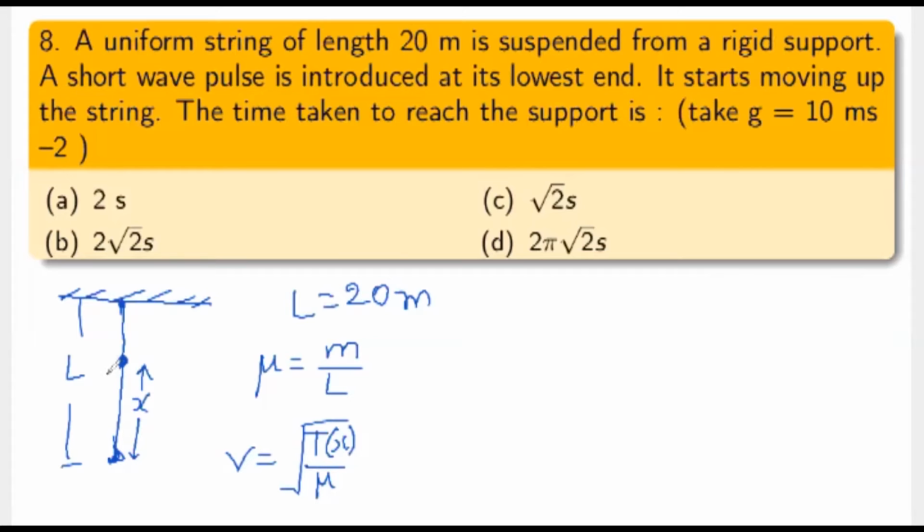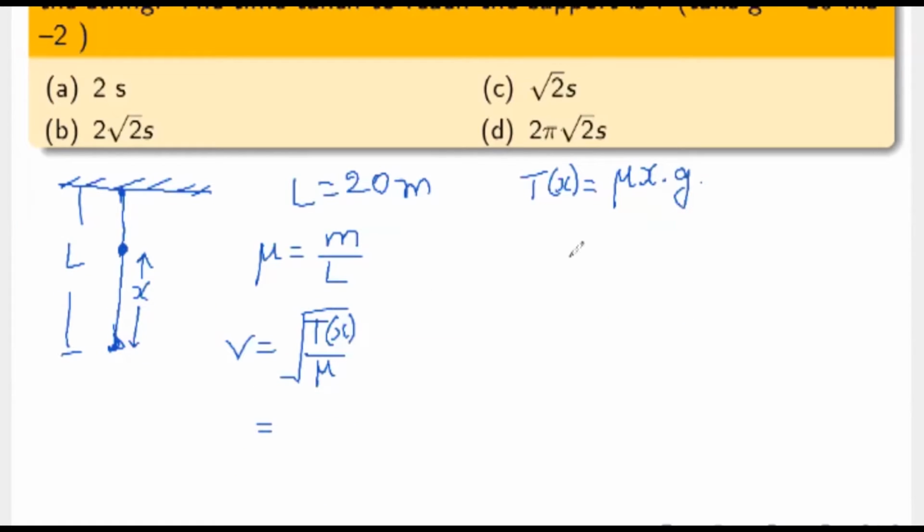So I can write this tension at the point x as mass per unit length into distance x, which gives us the mass of this hanging wire in distance x, into g. So substituting this value in the equation, what we get is the square root of mu x g divided by mu. So mu and mu cancel, giving velocity equals square root of g x.